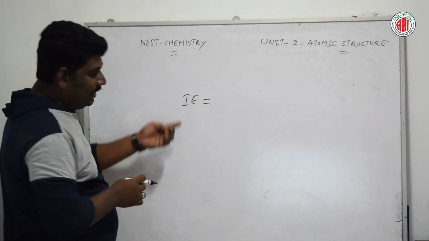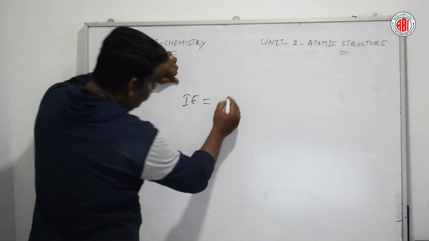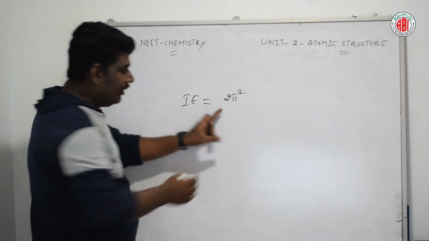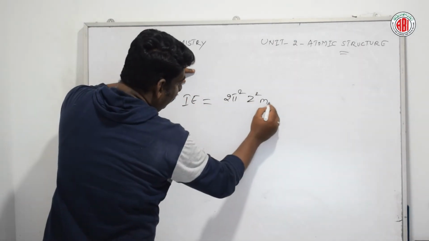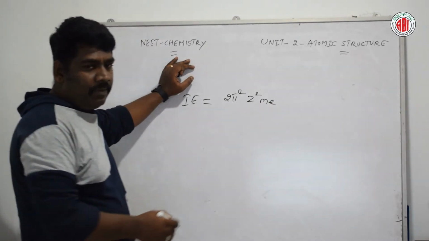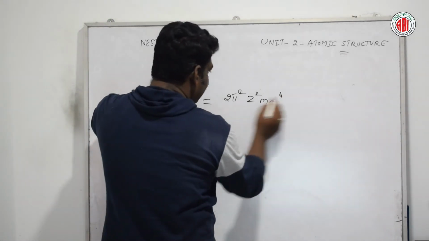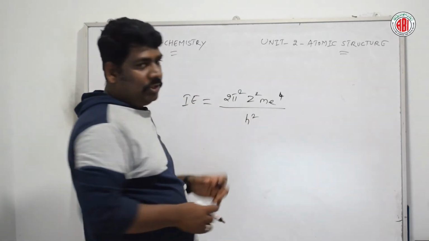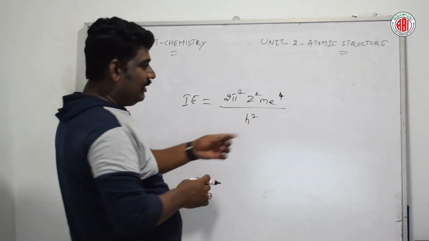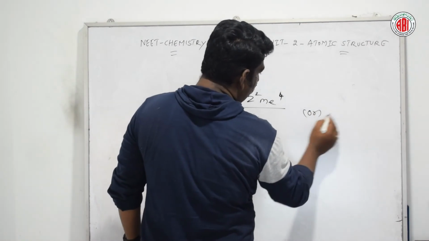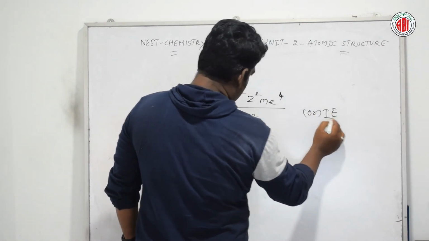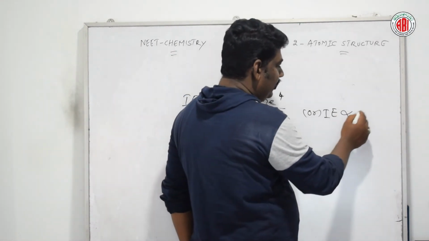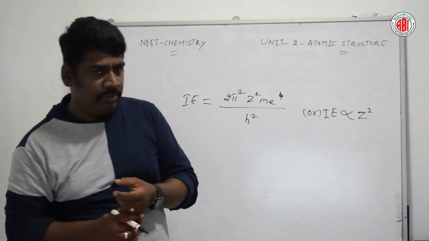So ionization energy is equal to 2 pi square z square m electron to the power of 4 by h square. This could be modified to say that ionization energy is directly proportional to z square, atomic number square.